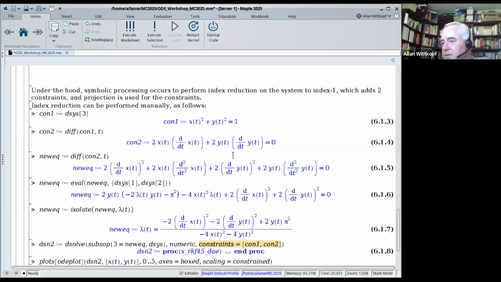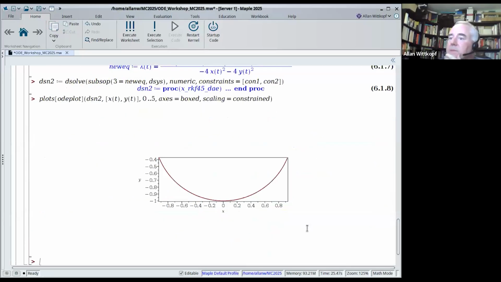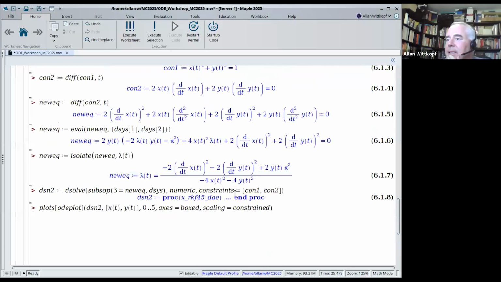This is just a manual way of doing exactly the same thing, and we get exactly the same solution. But the only thing to note is that for these constraints, the most natural representation may be different from just the base constraints themselves.